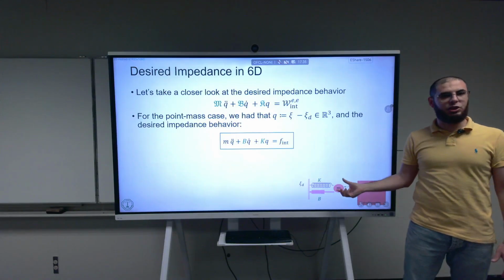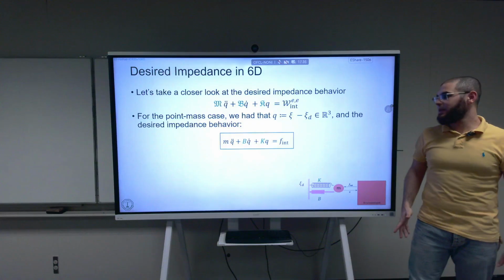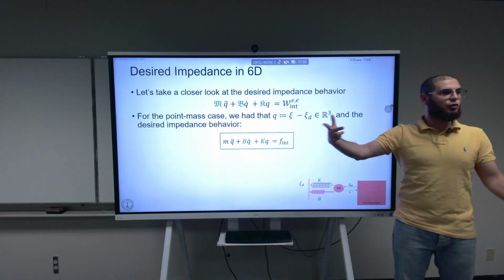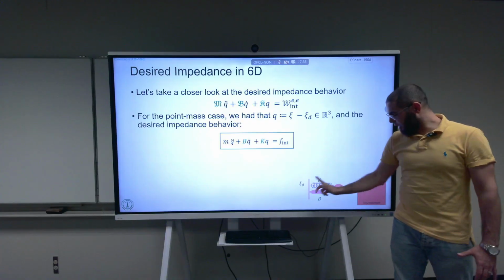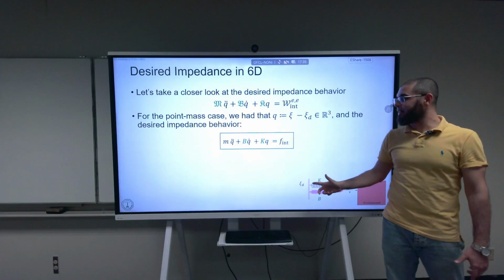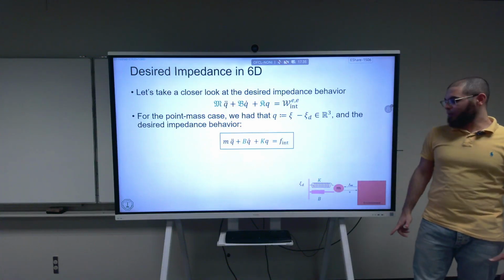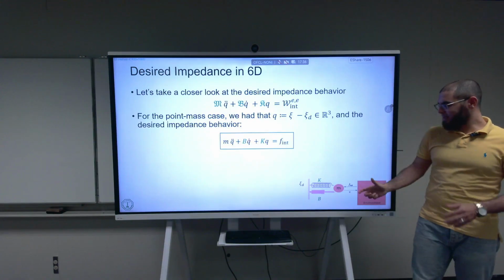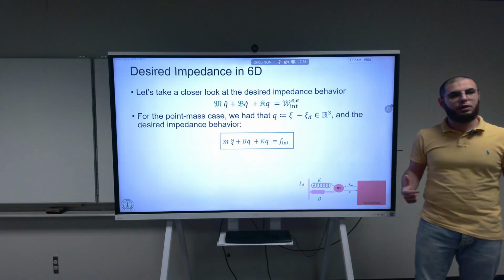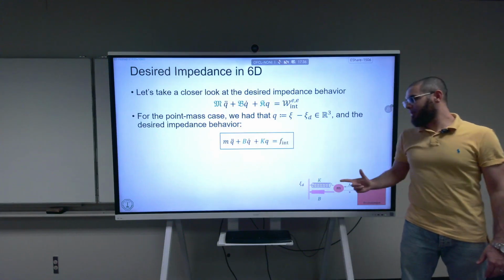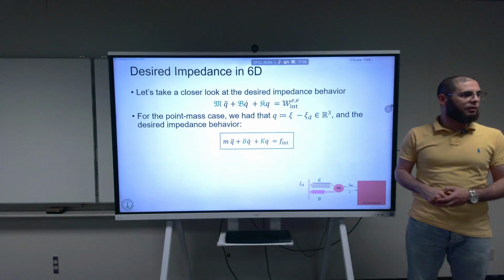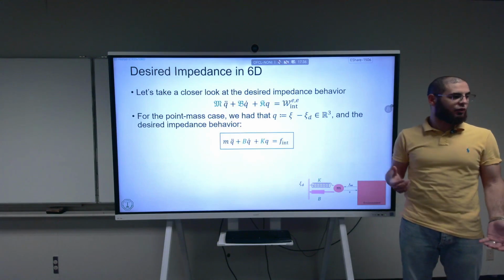Psi here is the position of the point mass in space, and psi desired is where we want it to be, or at least the virtual set point. Psi and psi d were connected by the spring and damper. And we said that the desired behavior would be simply given by this equation, where B and K are the damping and stiffness of the virtual spring and virtual damper that we added.